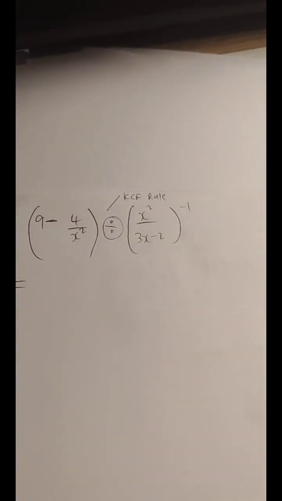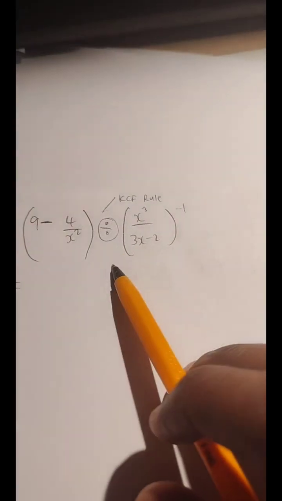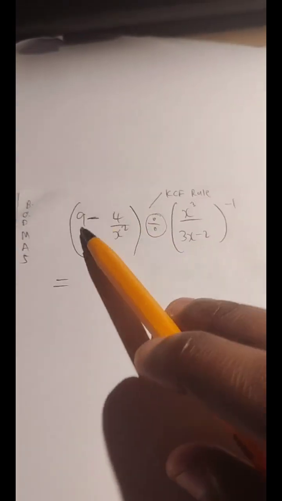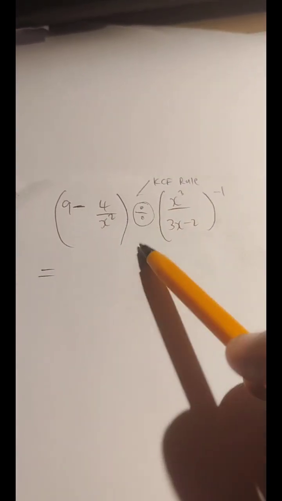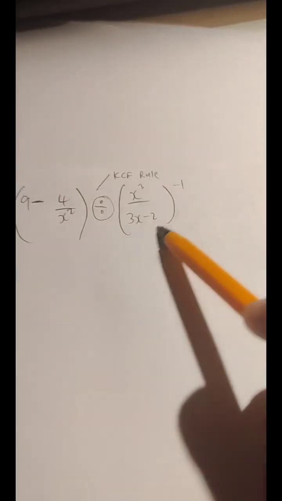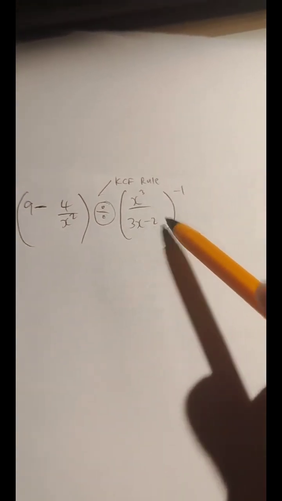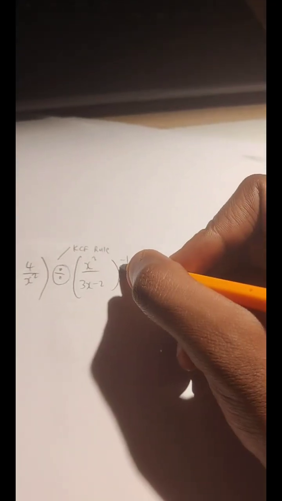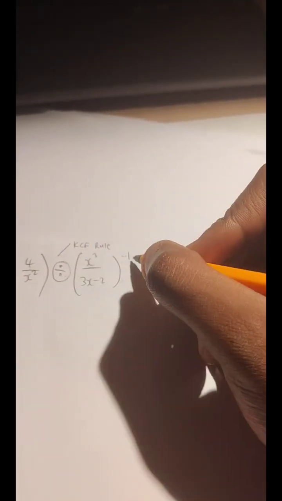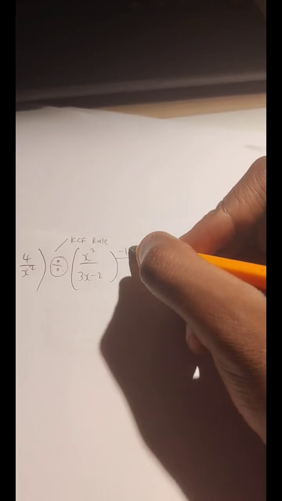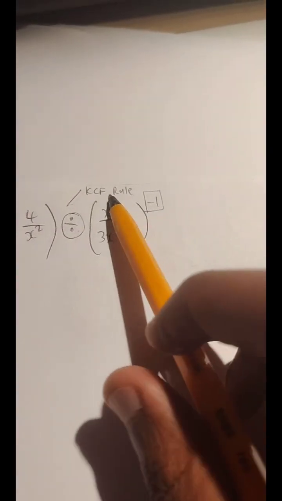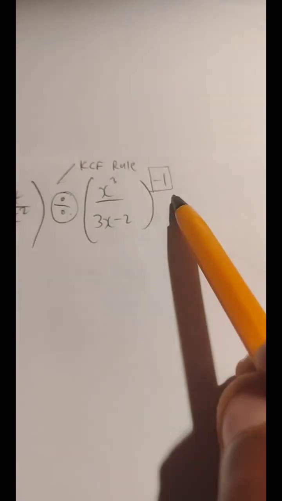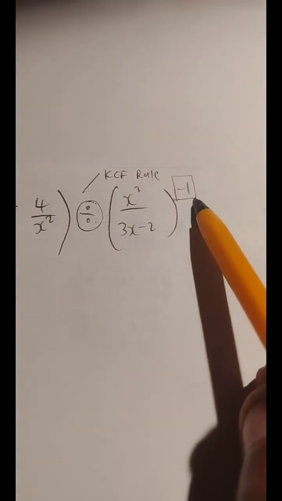KCF means we keep the first fraction, we change the divide to multiply, we flip the second fraction. But remember also, before we rush into division, whenever you have a negative exponent, you can flip the fraction and change the exponent sign to positive.